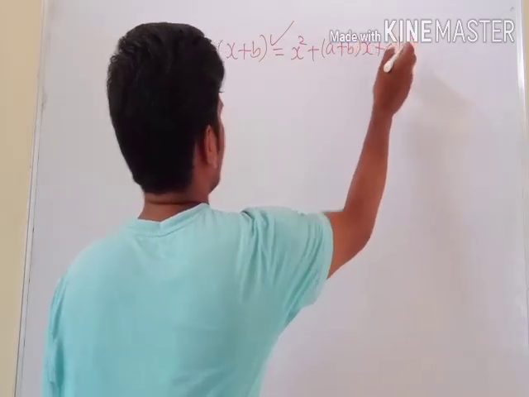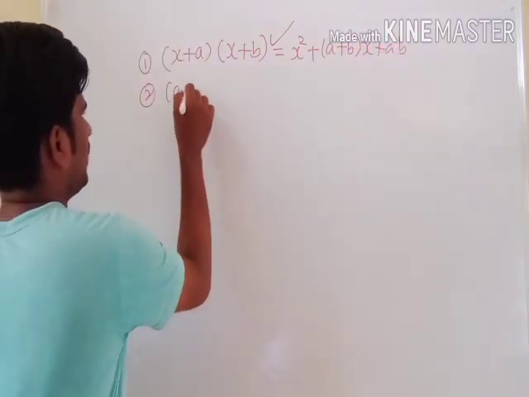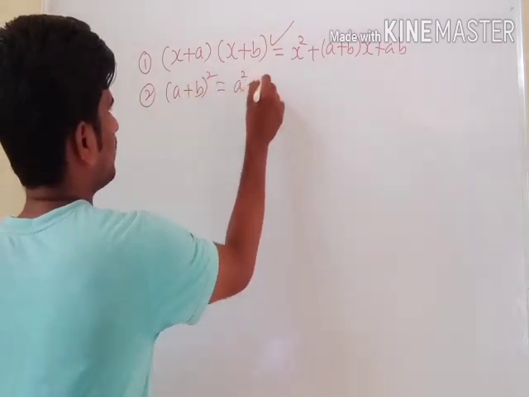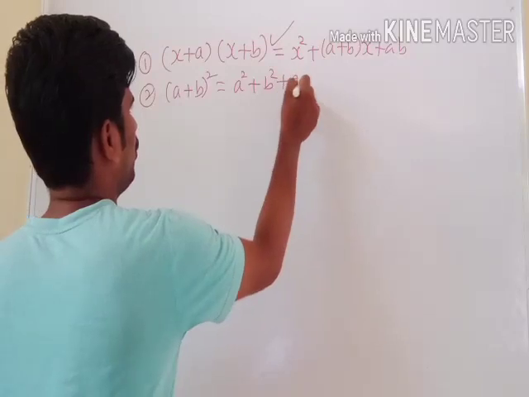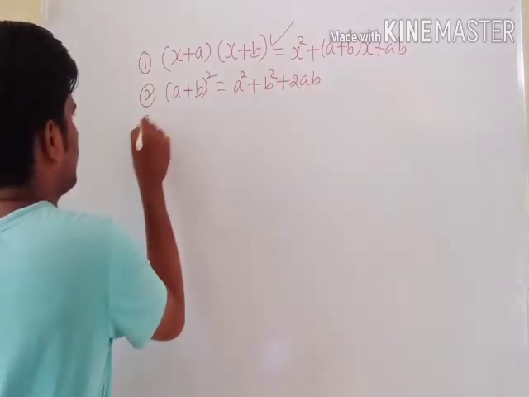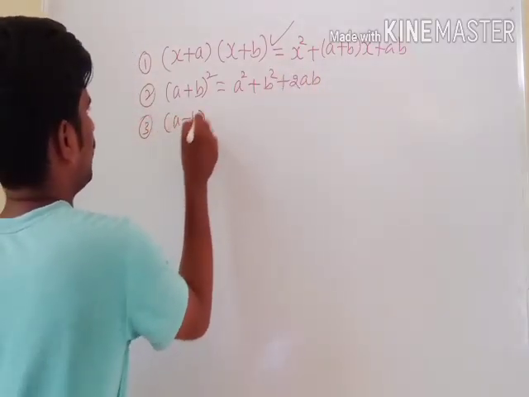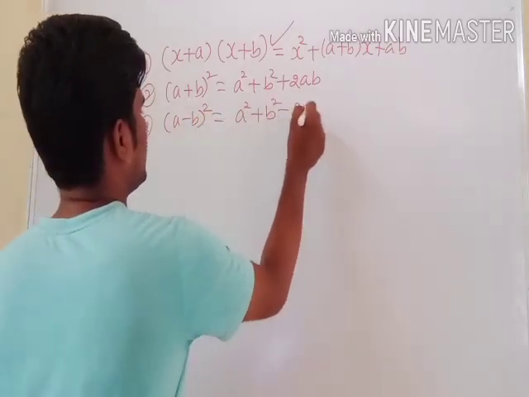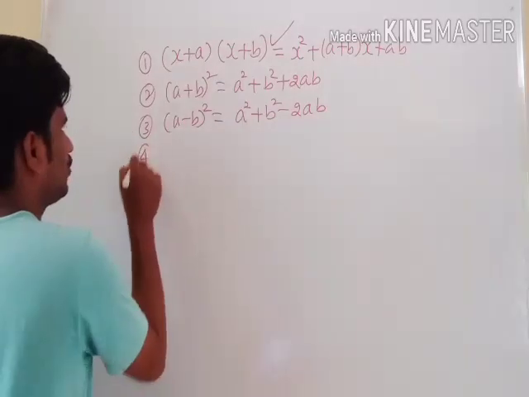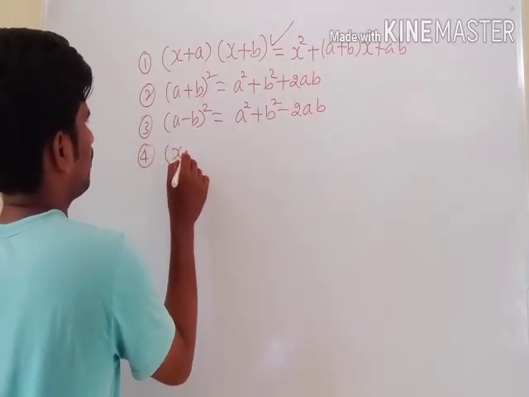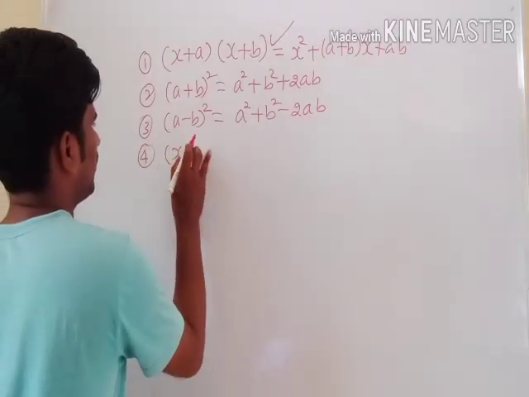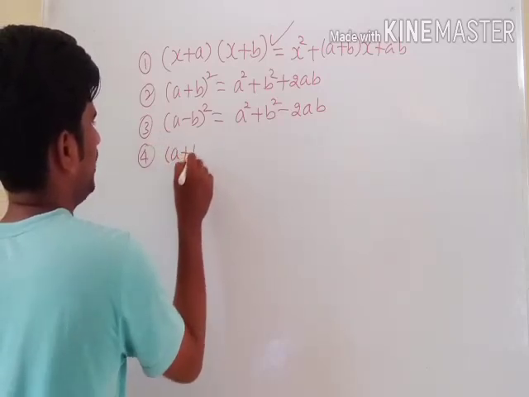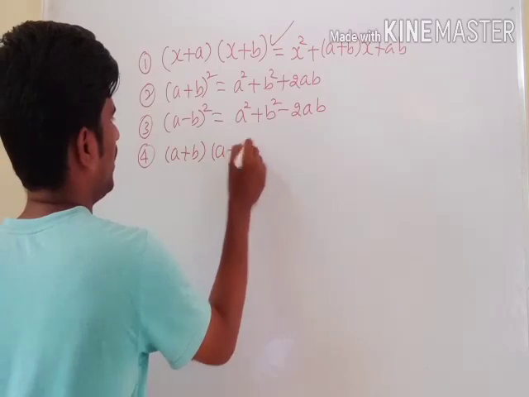This is the product. So what is (a plus b) whole square? We can write this one as a^2 plus b^2 plus 2ab, and (a minus b) whole square is equals to a^2 plus b^2 minus 2ab. Then the fourth one, you take (a plus b) and (a minus b).